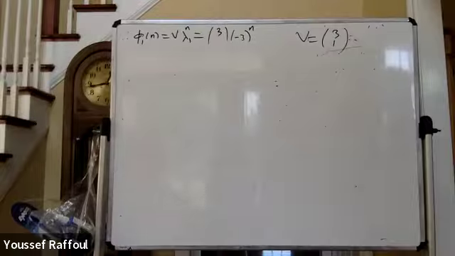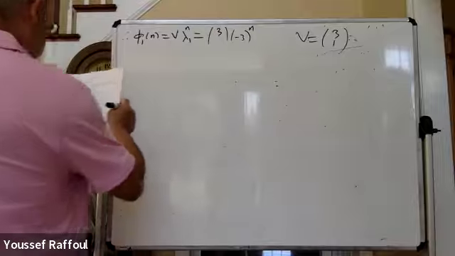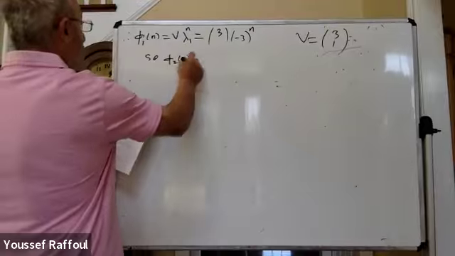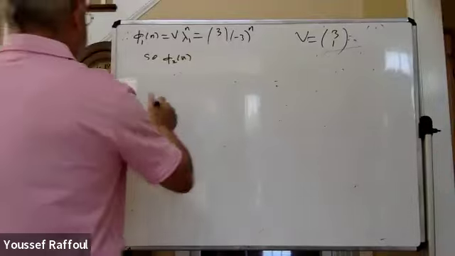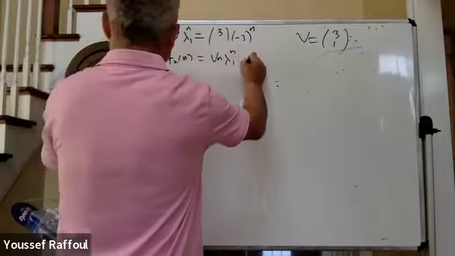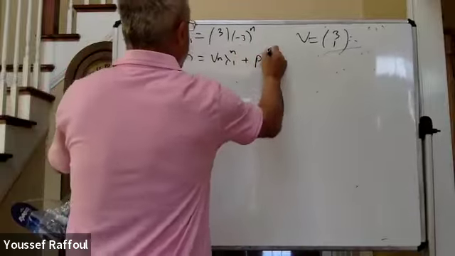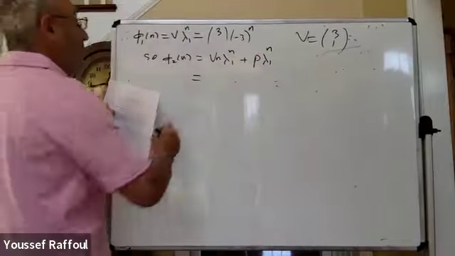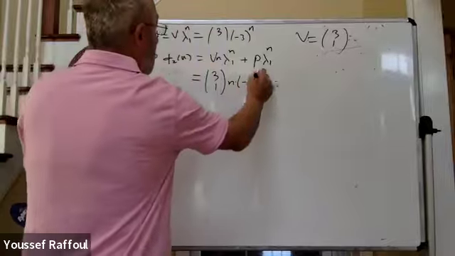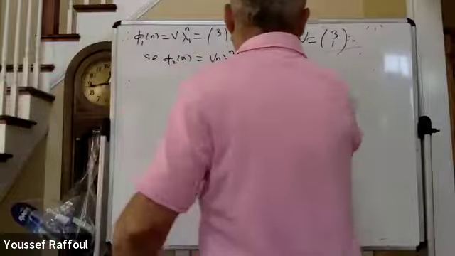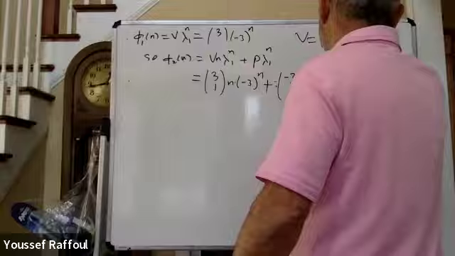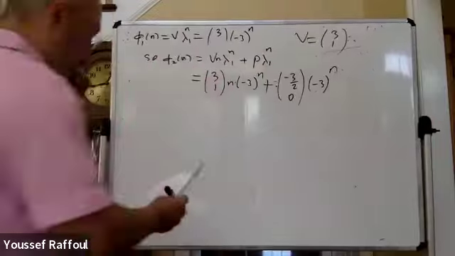So what is Phi 2 now? Phi 2 of n is V n lambda 1 to the n plus P lambda 1 to the n. That is P 3, 1, n times -3 to the power n plus -3.5, 0, times -3 to the power n. Okay?